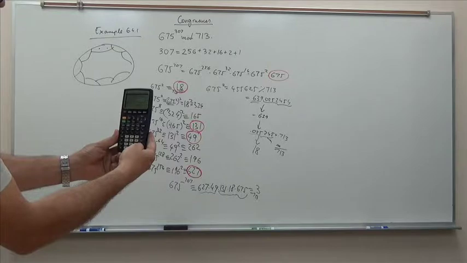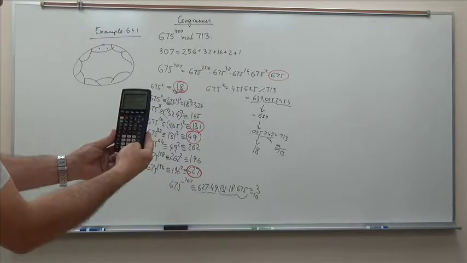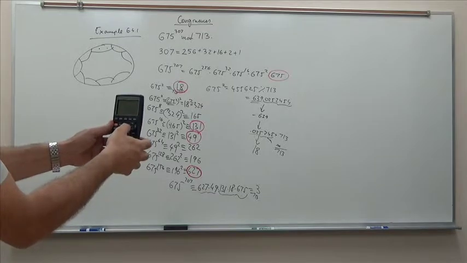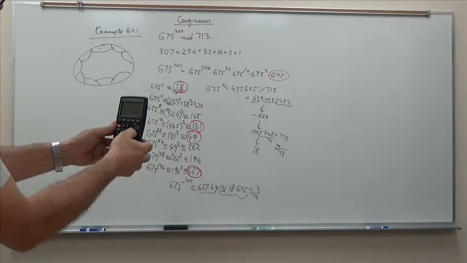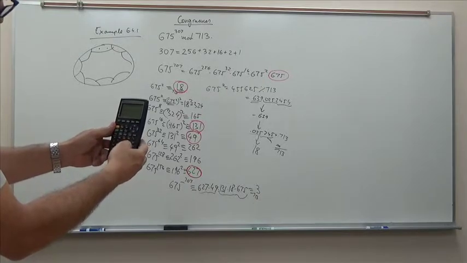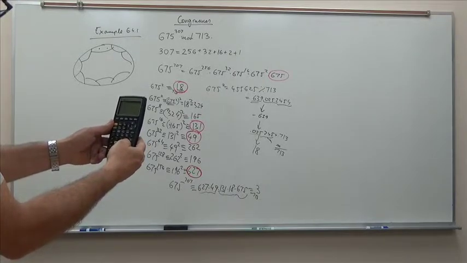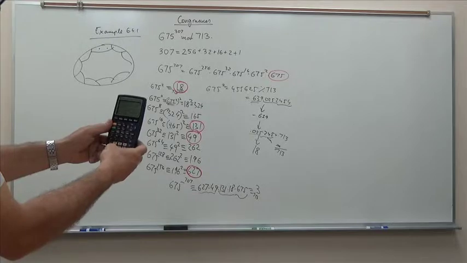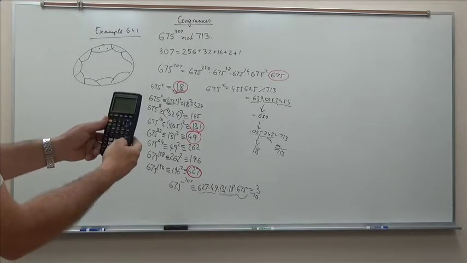Oh, we did rounding, and that's what's dangerous sometimes with the calculators. So I have to do it piece by piece. Let me clear this. So 627 times 49 times 18. I'll take these 3. Divide by 713.